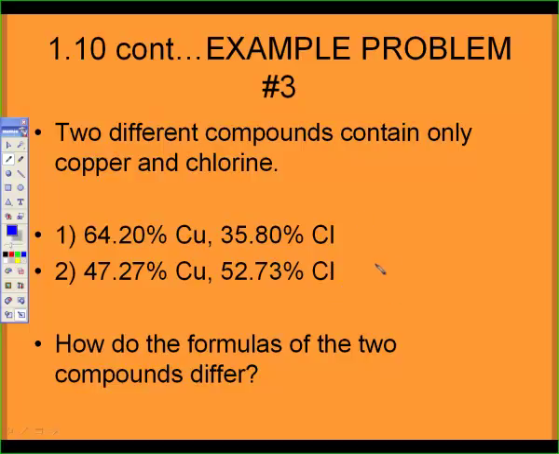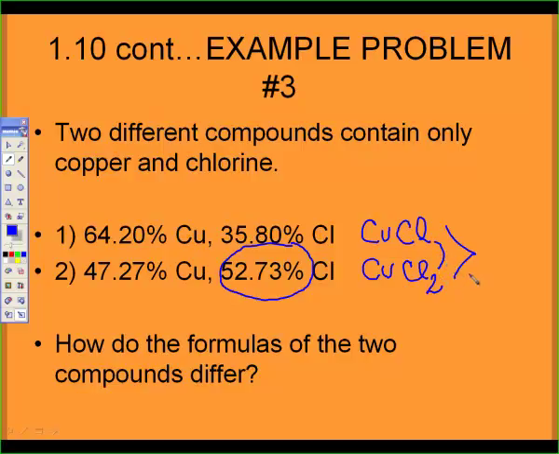So that means that here, if I have this ratio, then the mass of the chlorine is twice as much, or is represented by a ratio of 2 here. Now, is this the real formulas? Maybe, maybe not. But what this is showing is a reflection of the copper and the chlorine ratio changing.